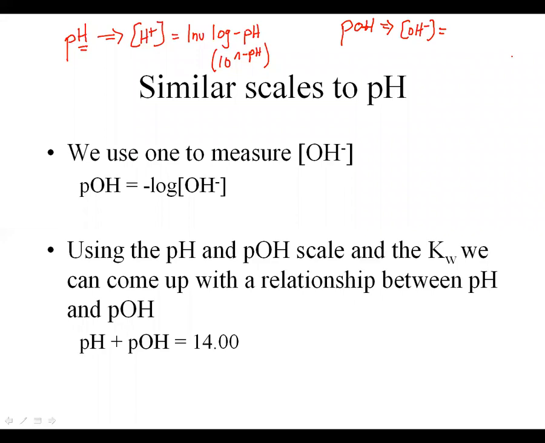Also going to pop up a 10 and a caret, pOH. So this gives you a couple of ways that if you are given the pH or the pOH, you can get the H plus concentration or OH minus concentration directly from those numbers.